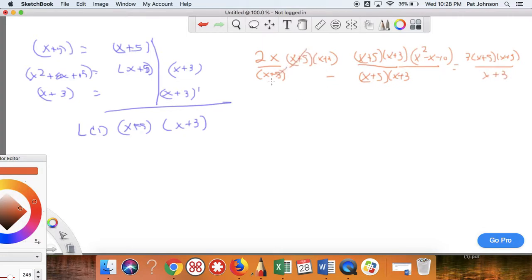So this and this cancel, and the other factors cancel as well. So I'm left with 2x times x plus 3.